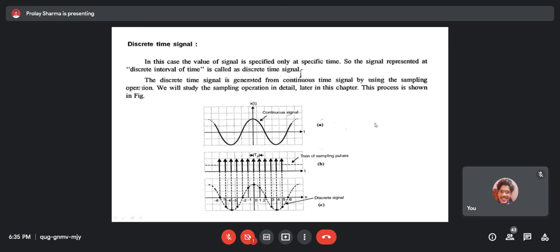Sampling means that after a definite time we take the value of the signal. Suppose at t equal to 1 second this is the value of the signal, and we pick up that sample. Suppose at t equal to pi this is the value; if we pick up this value, it is called sampling.